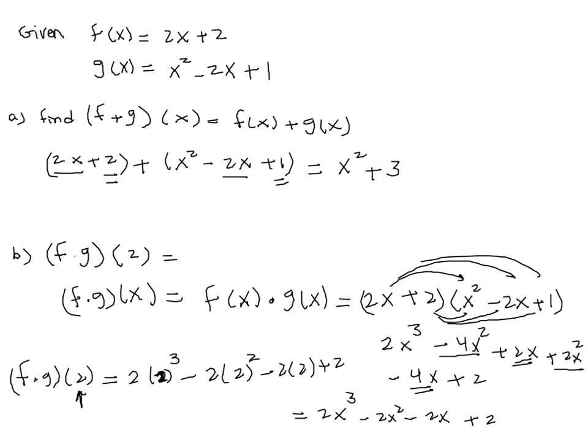In this case, it is 2. And then you evaluate that. So I get 8, 4, minus 4 plus 2. So you get 16 minus 8 minus 4 plus 2. So can anybody tell me what this is equal to?